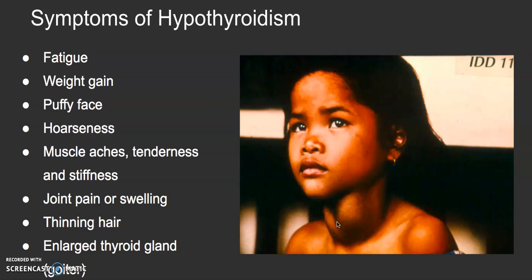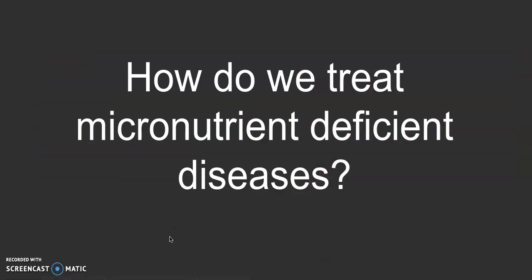People might have fatigue, again, because they're not getting to use that energy on a cellular level, might have a puffy face or hoarseness because of the thyroid pressing on their throat, and things like thinning hair, and an enlarged thyroid gland or goiter.